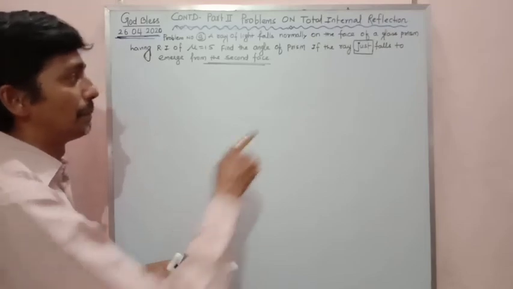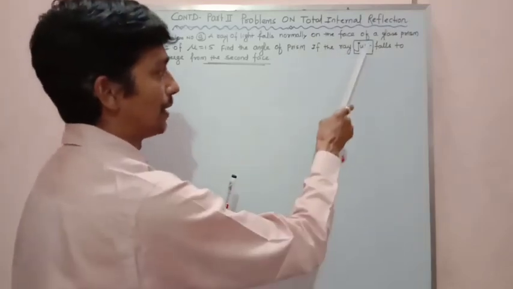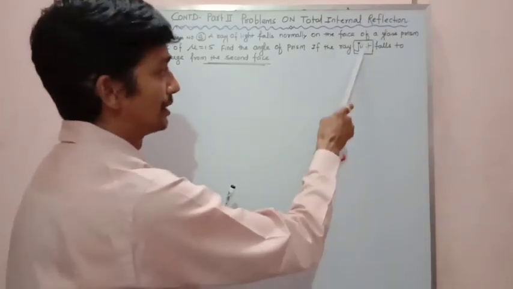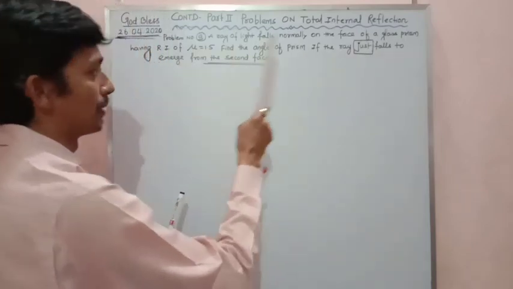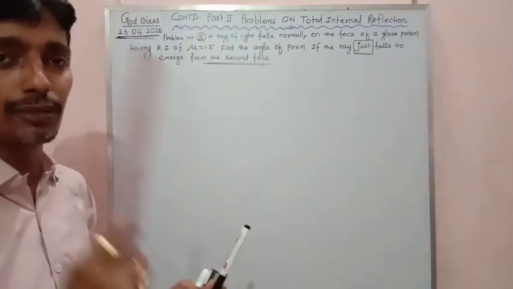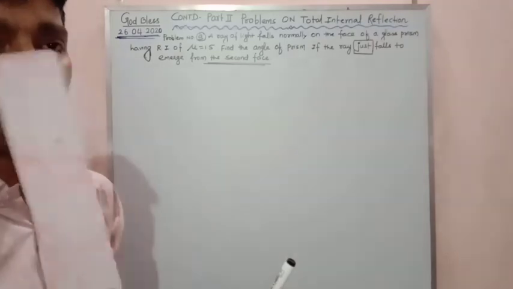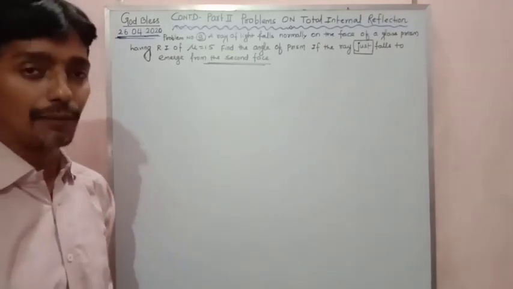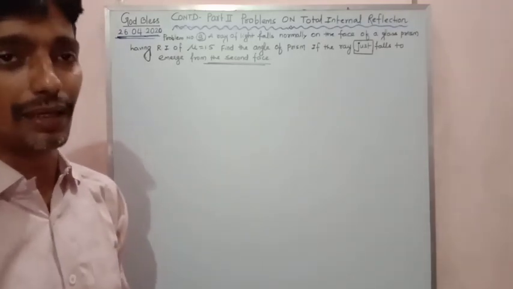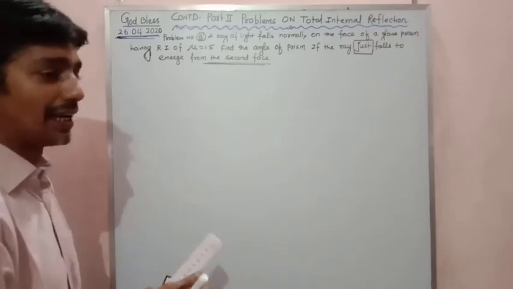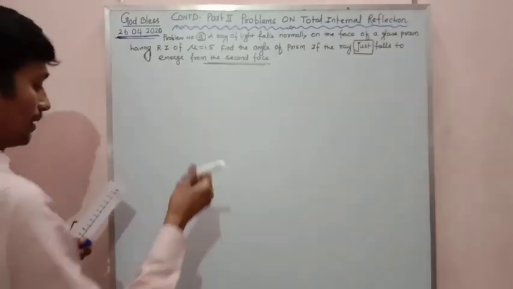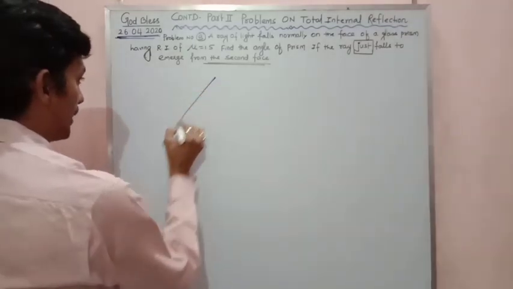This word is very important, as I said in my earlier video. Just falls to emerge from the second face. That is the important language we should catch in the numerical. So here, my dear, let us start with this diagram. I am drawing the prism again here.